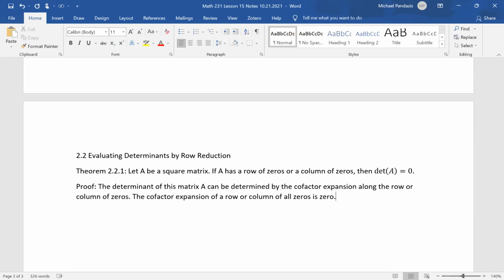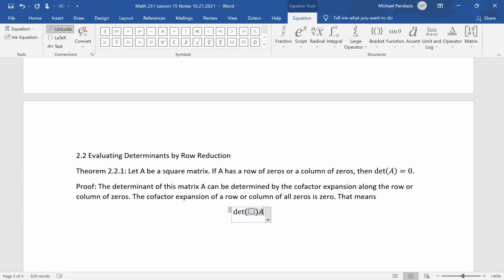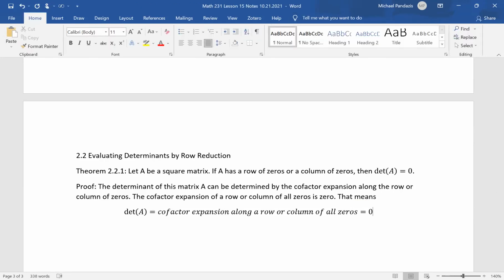So when you take the corresponding cofactor, it's 0 times the determinant of a submatrix, and so everything becomes 0. And so the determinant of A is equal to the cofactor expansion along a row or column of all zeros, which equals 0. So the determinant of that matrix is 0.